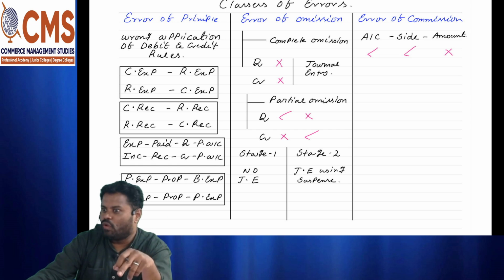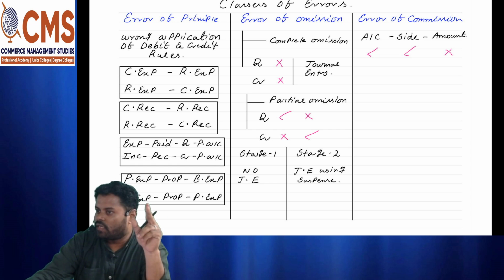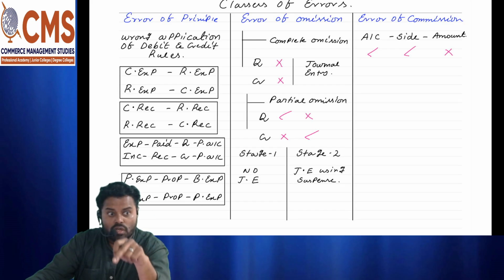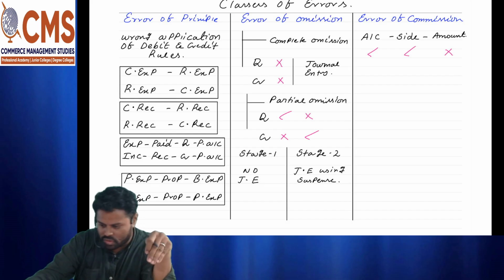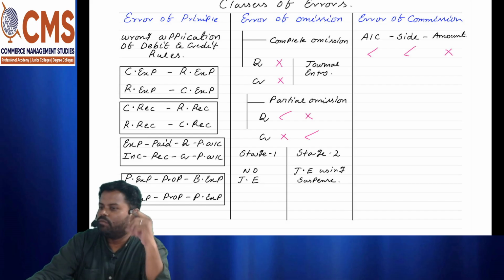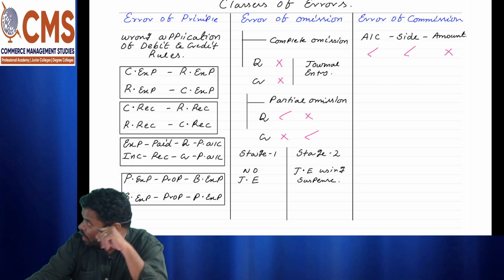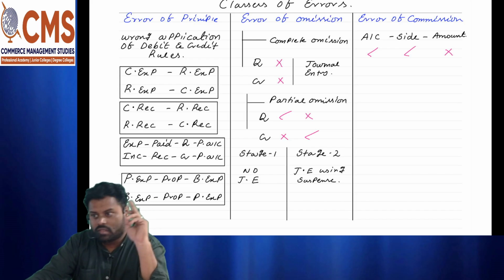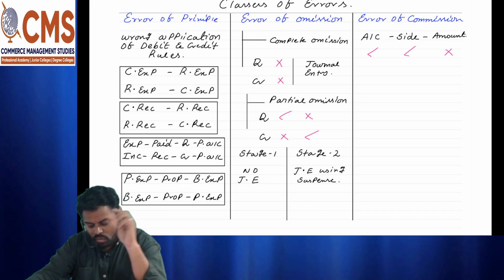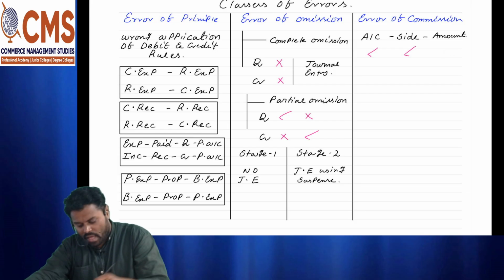And once you hear the notification, nowadays the brain says stop everything you are doing, first focus on the notifications. And after attending the notification, this guy will come and be confused about which amount and where. He'll write something. So error of commission in that first class is: account is correct, side is correct, but the amount goes wrong. And in that we have two classes.